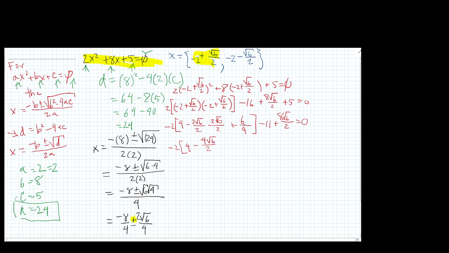And this is 6 over 4. Let's reduce it. This becomes 3 over 2, because this is 3 times 2 and this is 2 times 2. So it's just 3 over 2. We cancel out a 2. Minus 11 minus 8 square root of 6 divided by 2.